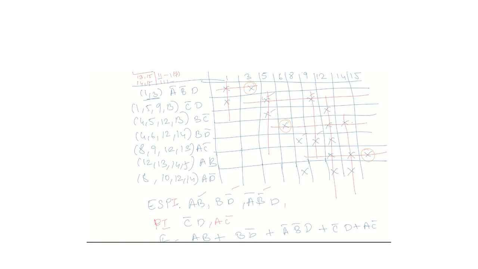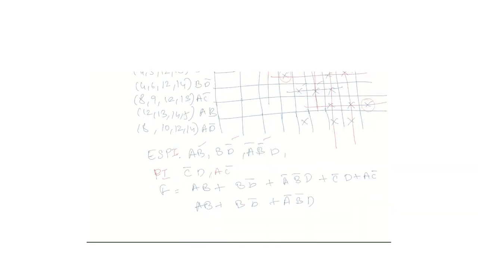If I had chosen AC bar first, like this, then I would have crossed this, and my extra term would be C bar D. Okay, so yeah, that's how you solve the Quine-McCluskey problem, and yeah, that's it for today.